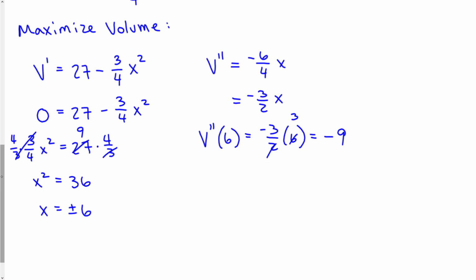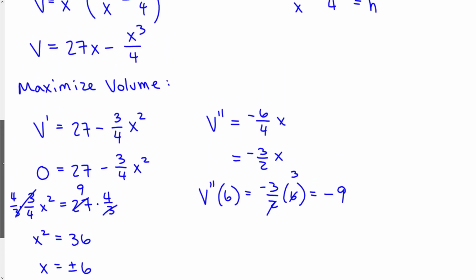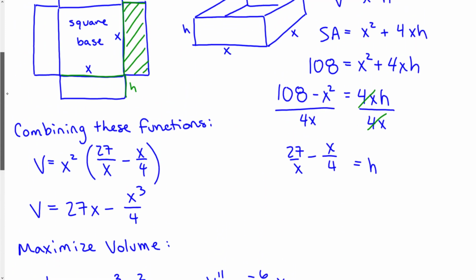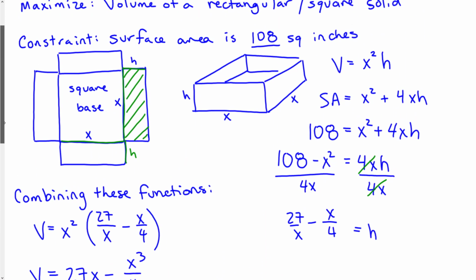So what I need to do then is go back to my original problem here. I'm trying to find all the dimensions. So I know that the base dimensions of the square are 6 and 6. I need to come up with the height.